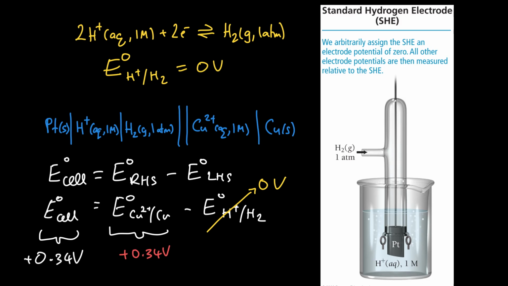So essentially what we've done is we've gone through the entire list of electrodes and compared them to the standard hydrogen one. And by doing that, we're measuring everything with respect to the same electrode, which we assign 0. In the same way that if we measure heights on the Earth, we typically measure with respect to sea level.